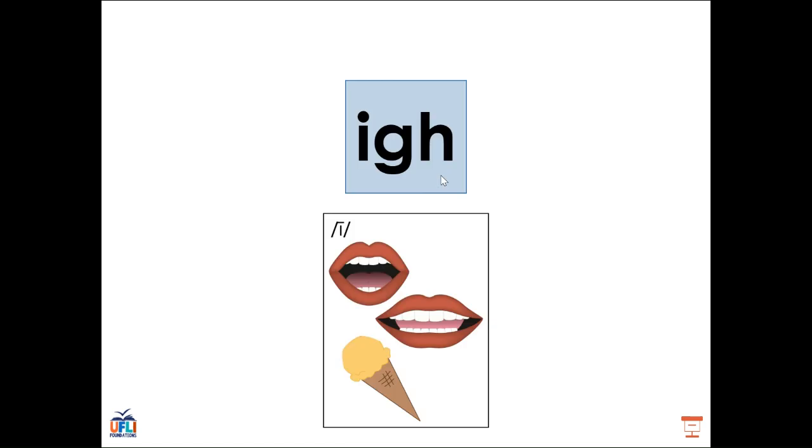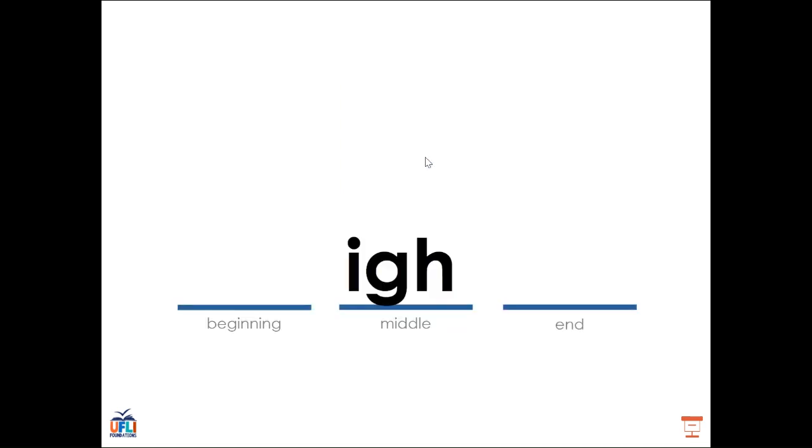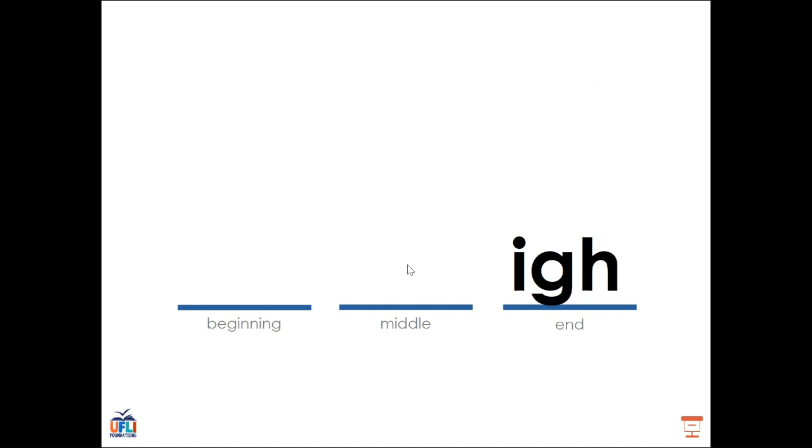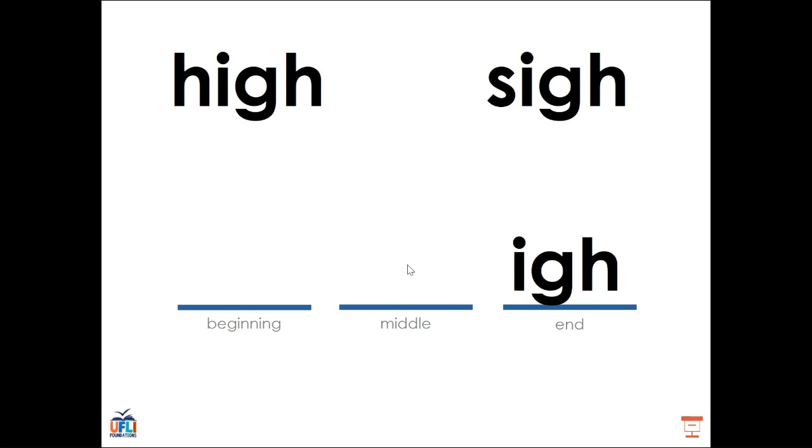IGH is another example of I. So if you see IGH in a word, you're going to pronounce it I. IGH can be in the middle of the word, like the word light or the word might. IGH can be at the end of the word, like the word high and sigh.